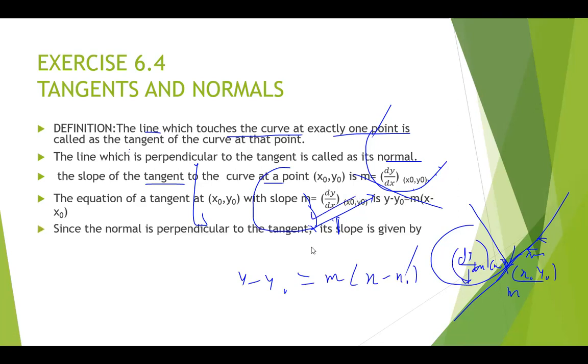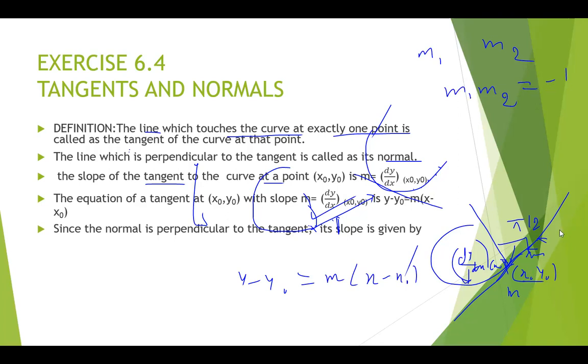Then the slope of the normal: this normal is always perpendicular, 90 degrees, to the tangent. Whenever two lines are perpendicular, if the slope of one line is m1 and the slope of the other is m2, the product of their slopes is -1.